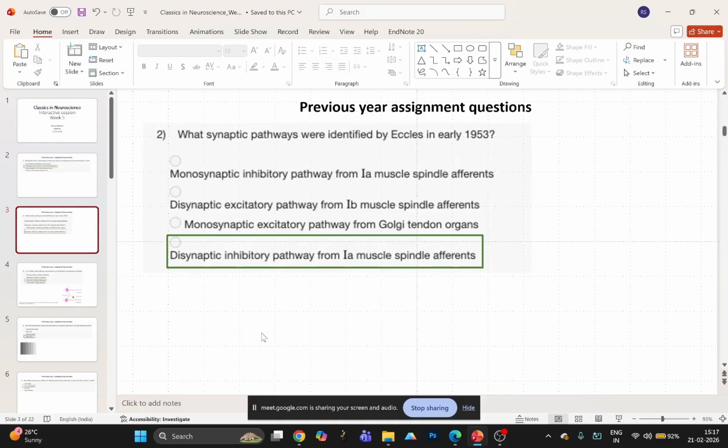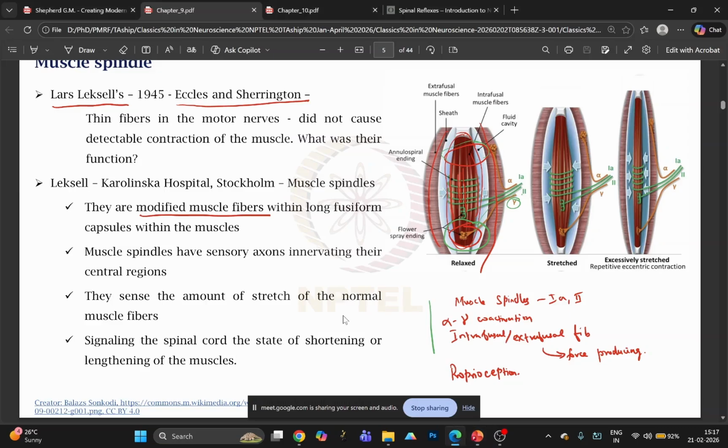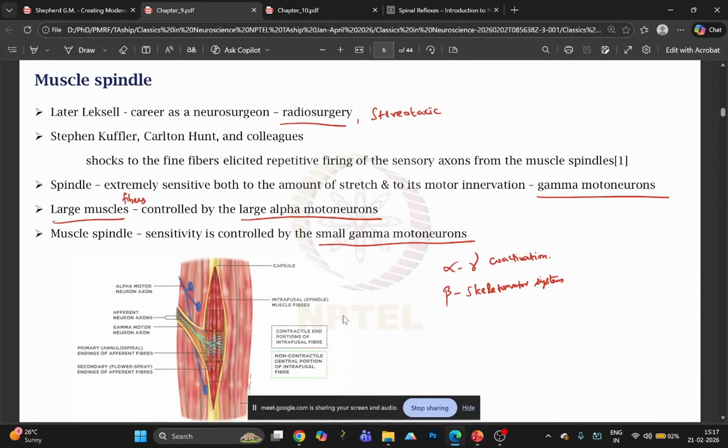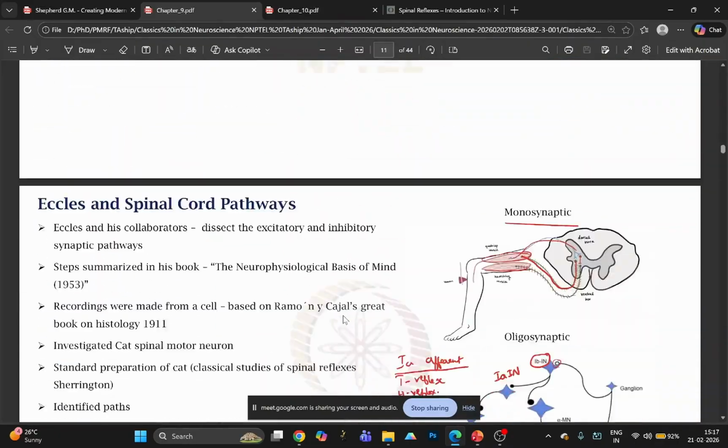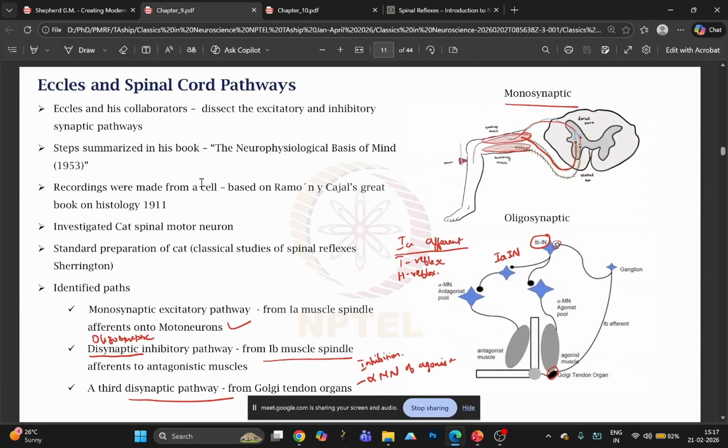Okay, next. What synaptic pathways were identified by Jack Eccles in the early 1950s? Again, let me go back to the text; it will be much easier for you to understand. Like we know, Eccles was the last student of Charles Sherrington, who was a pioneer of the studies in the spinal cord, especially the reflex action.